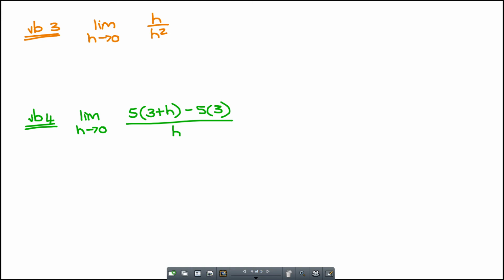Do number 3 and then answer your question. So therefore, doesn't exist. You have to simplify first to get a mark for that.